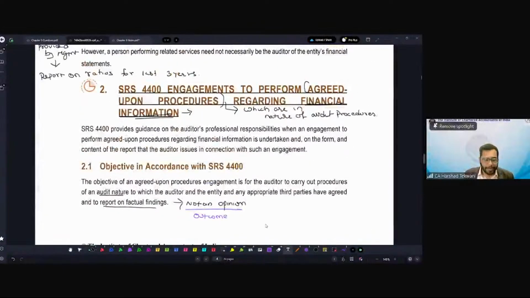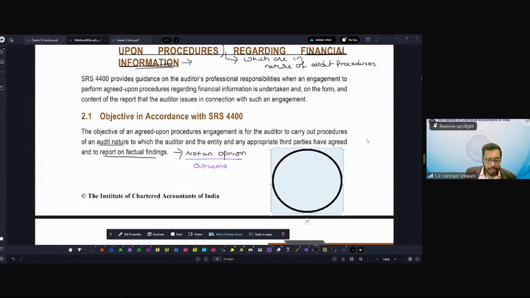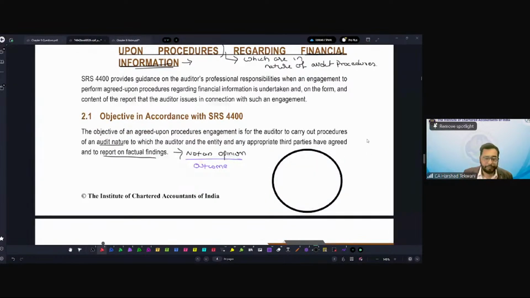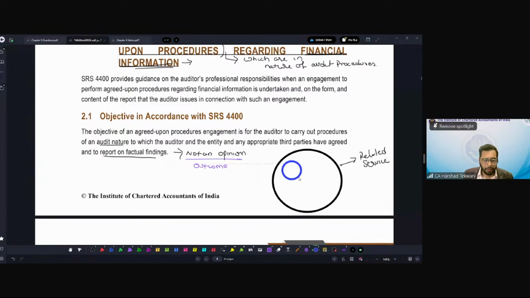To demonstrate, let's say this whole is your related service. Now, under this, a very small part is your SRS 4400 engagement.